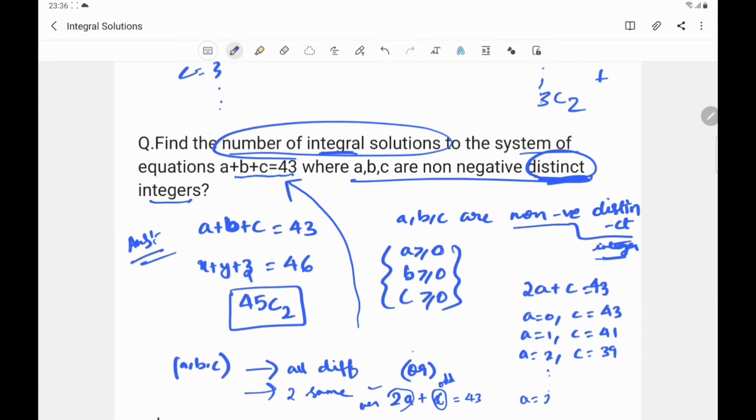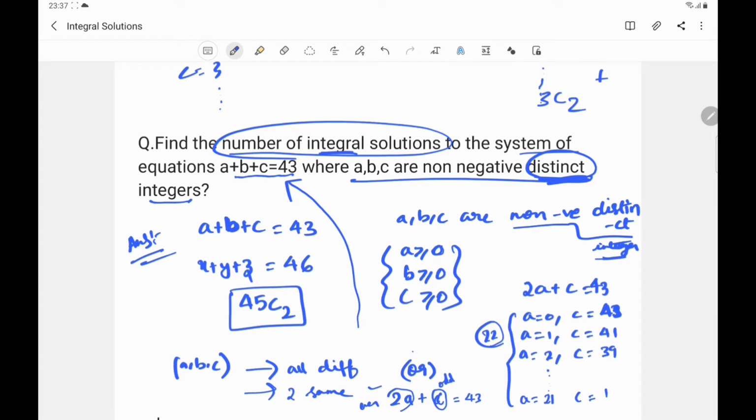A is equal to 21, then c will be equal to 1. So there are a total of 22 values which a can take, and c will accordingly have another set of 22 values.